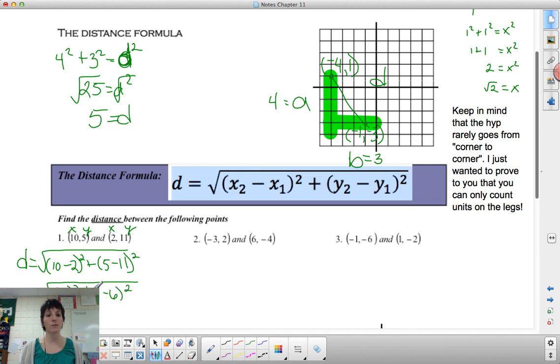Now be careful. Notice I've used my parentheses a lot. This is one of those times where you have to remember that when you take a negative number and you square it, you get a positive value.